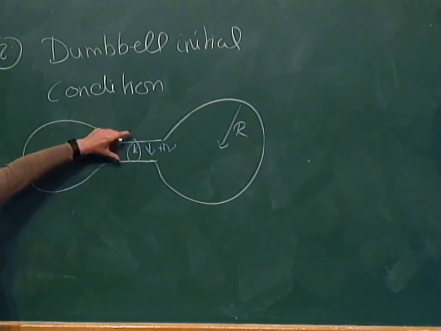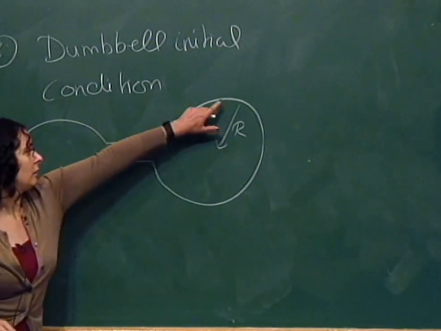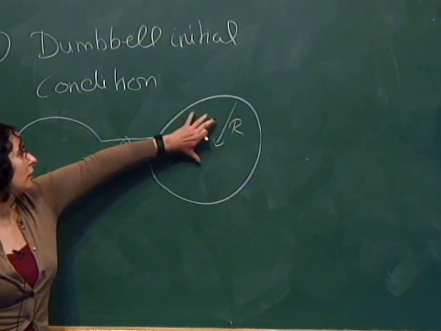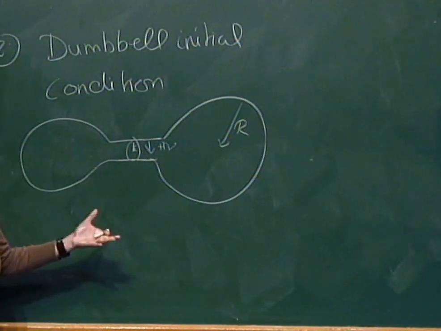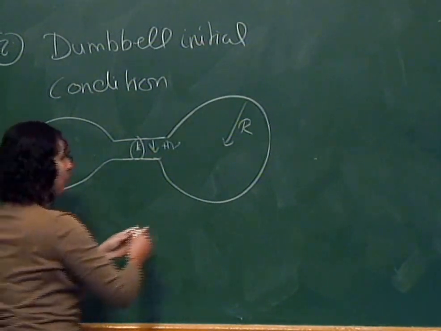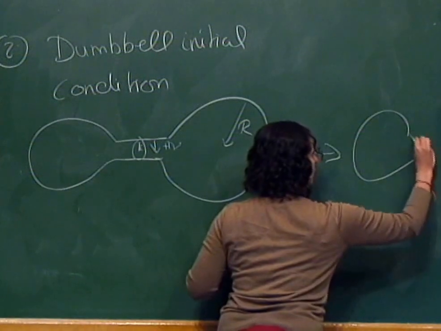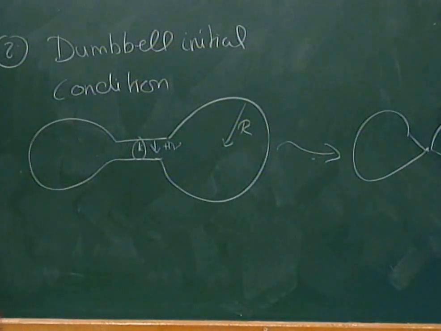And then it's not clear that if this is going to exist as much time as this one. I mean, if this is big enough, this seems to have a longer existence time than this here. Of course, this is not a sphere. But what one expects for something like this is that you will have a singularity that is like this. So it's a different type of singularity.